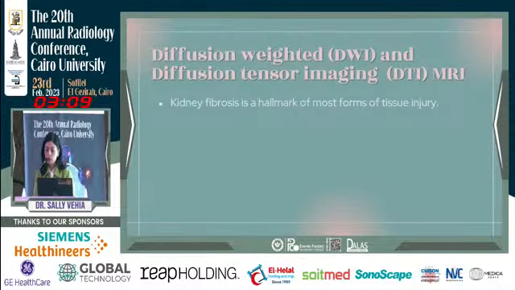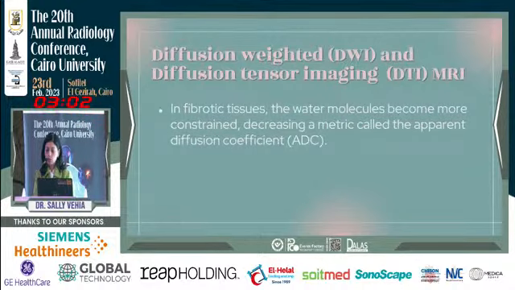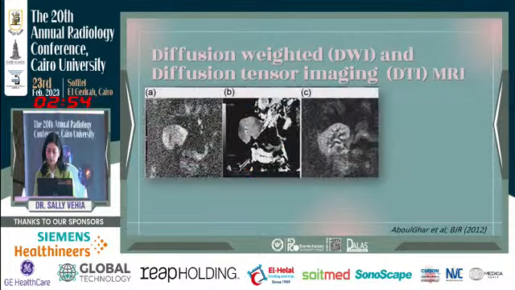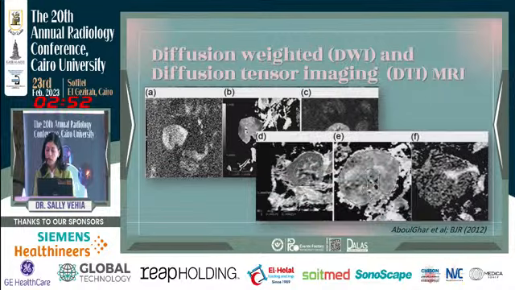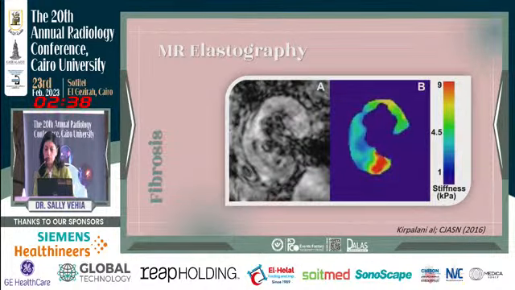Kidney fibrosis is a hallmark of most forms of tissue injury. Diffusion-weighted imaging is used to get a map of ADC values that correlate with decreased kidney function. Here, the diffusion-weighted image shows in picture E patchy areas of restricted diffusion, and in picture F the ADC map shows multiple patchy areas due to decreased perfusion.